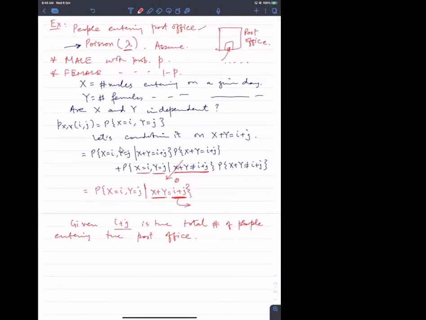Now, what is the probability that I of them are male?